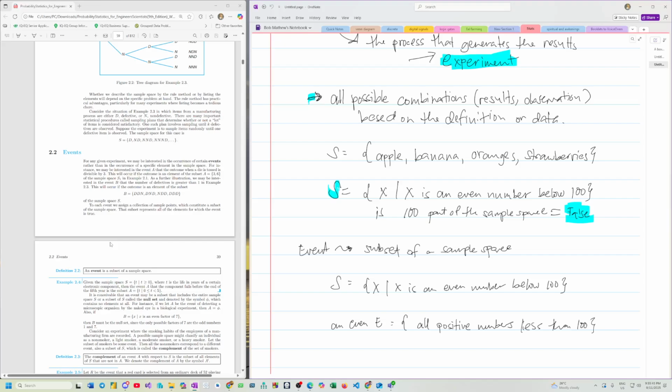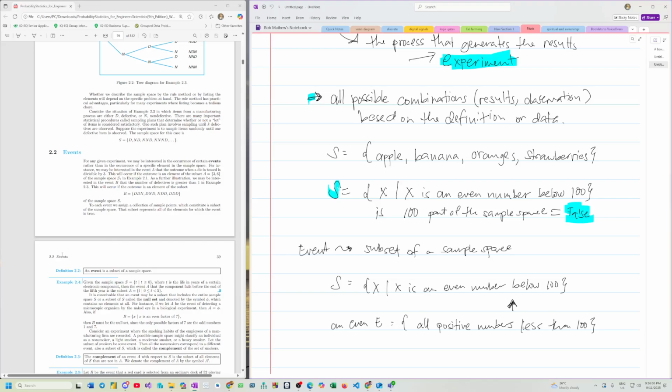We can say that at least in this aspect, the experiment should always fulfill the conditions in the subset. It should belong there. It should be included, because if it does not, it is not called an event.